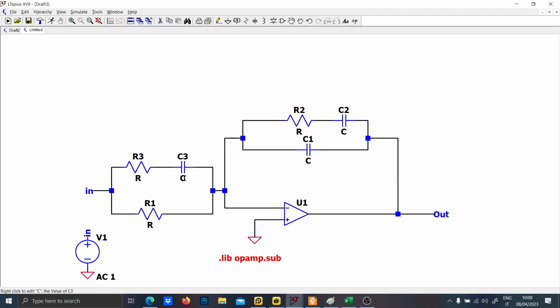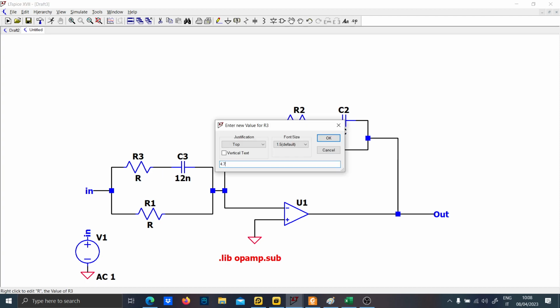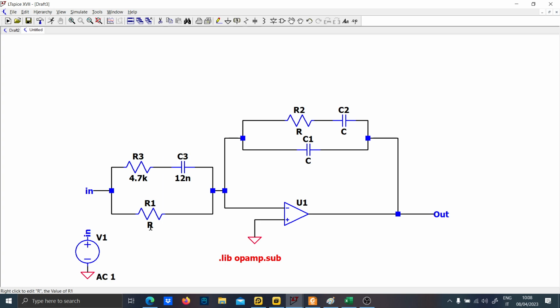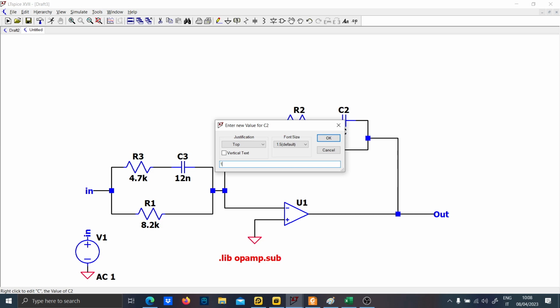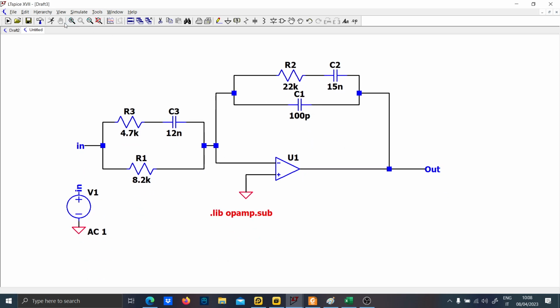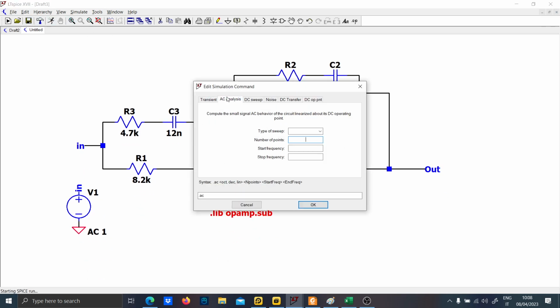Now let's put the values: 10 nano, 4.7 kilo, 8.2 kilo, 22 kilo, 100 pico, and 50 nano. Let's run the simulation in AC analysis.